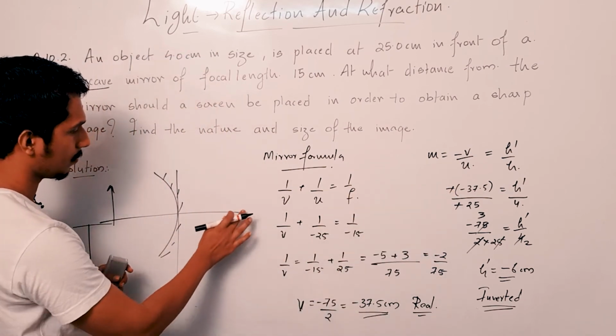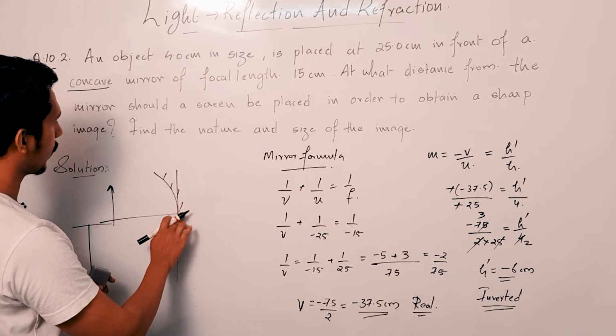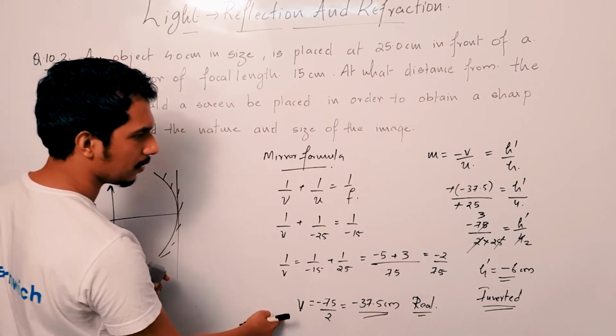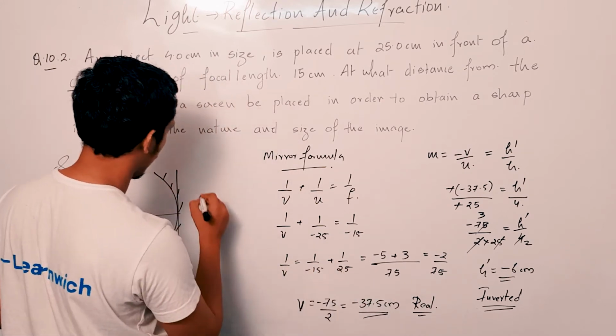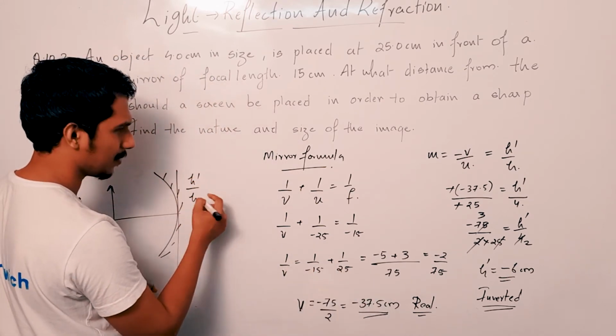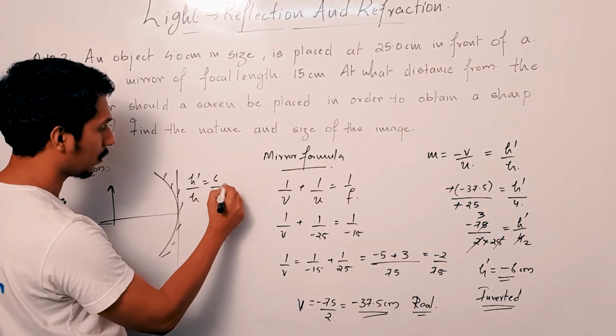Now what is the magnification? Magnification m is h dash by h. The size of the image I've already found out. Now find the nature. The nature is real, inverted, and it's already given that it's enlarged because h dash is 6, while h was only 4.